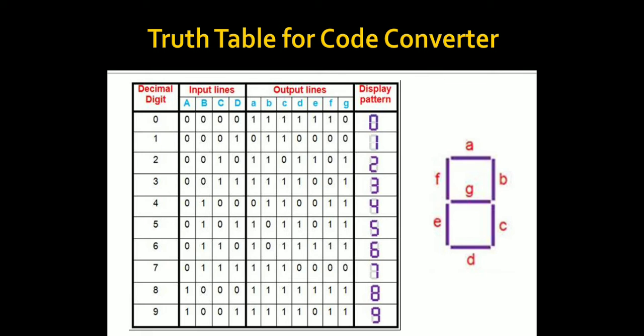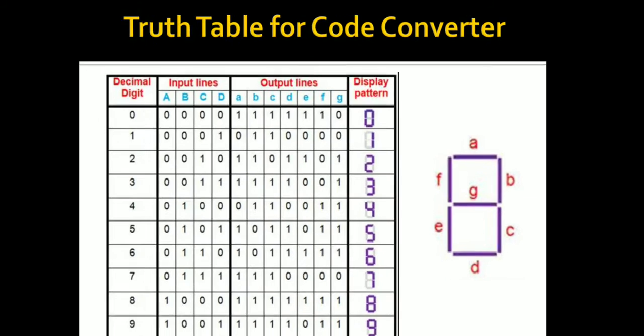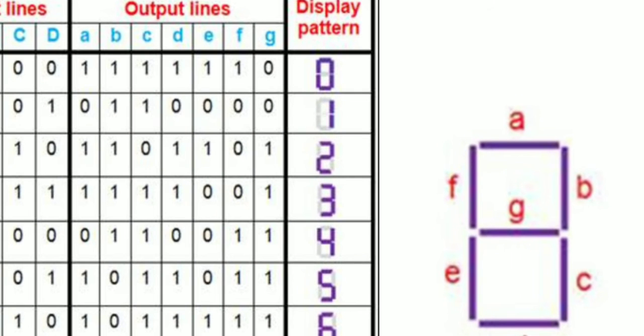And on right hand side we have the output lines small a, small b, small c up to small g. Now let us see when we display the pattern 0. Look at this. When we display the pattern 0, then this middle line G is not on and all other lines A, B, C, D, E and F are on.